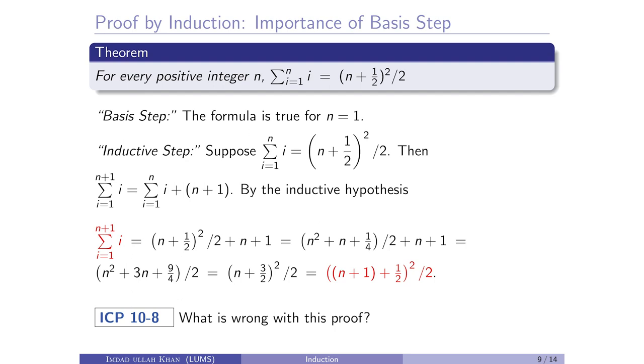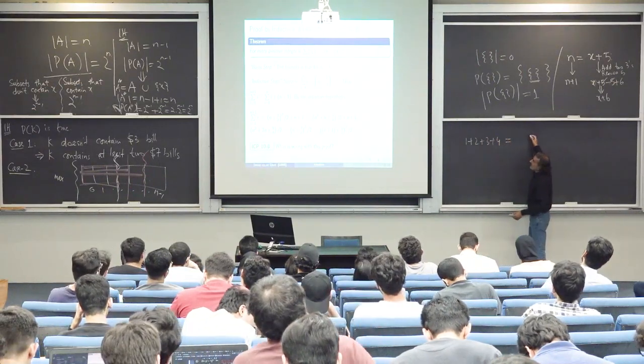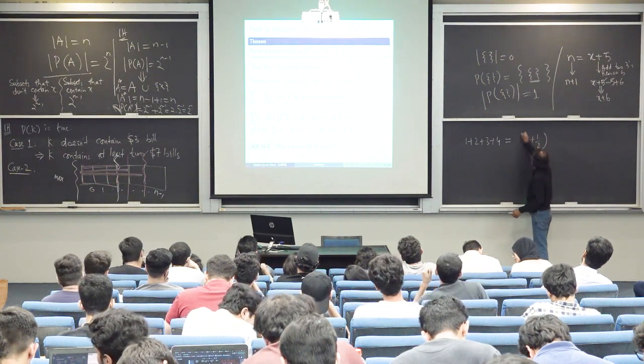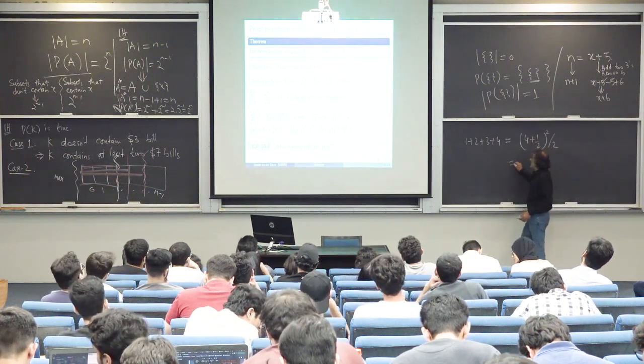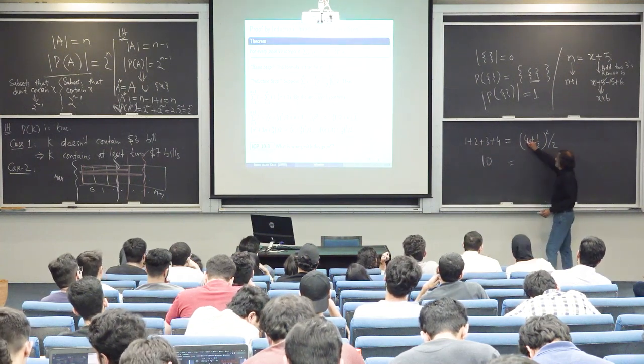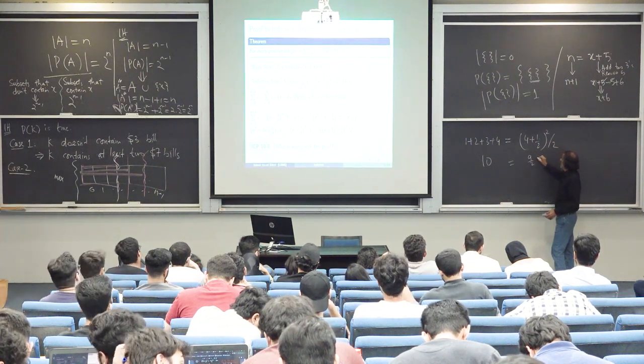What is written. So if I add the first 1 plus 2 plus 3 plus 4, what does the right hand side say? This n is 4. 4 plus half, squared, divided by 2. So this is what? 4 plus 3 plus 2 plus 1 is 10. And 4 and a half is 9 over 2.